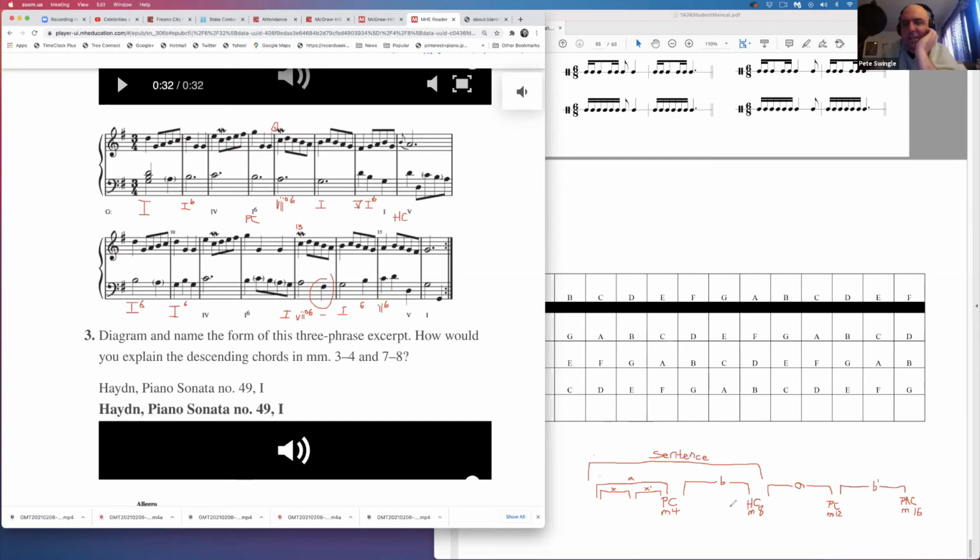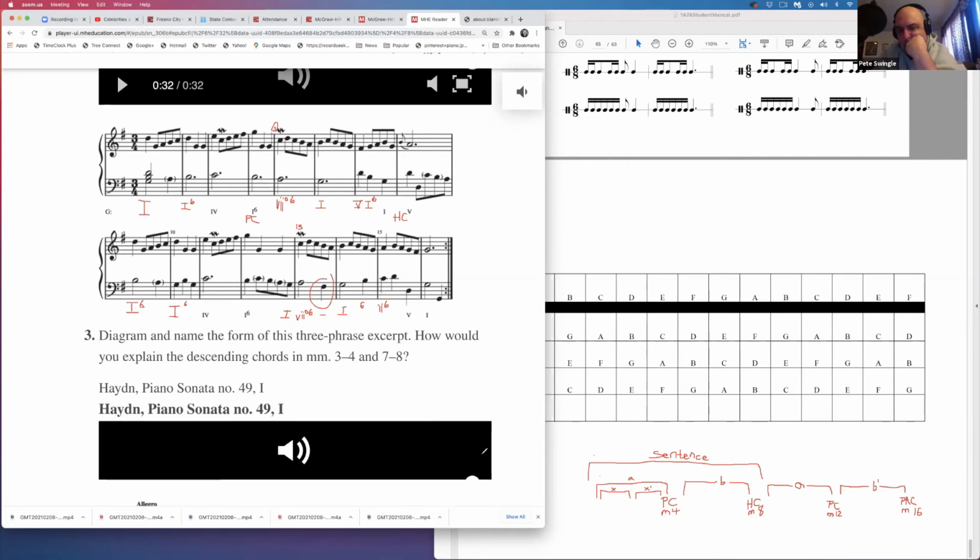Why did they do a sentence? Well, what's our definition of sentence? A repeated figure. I guess it heads towards a cadence at some point.